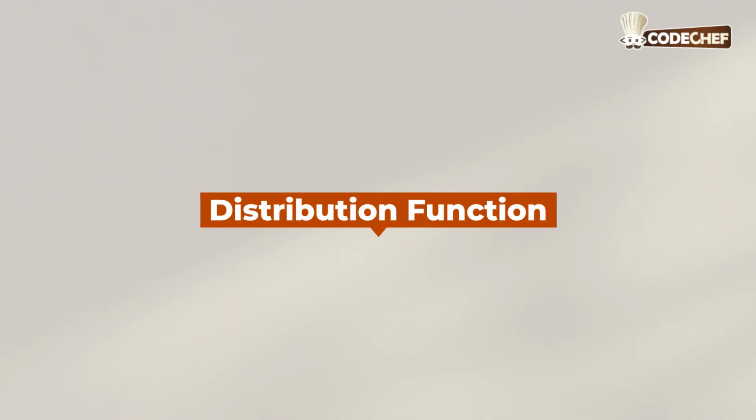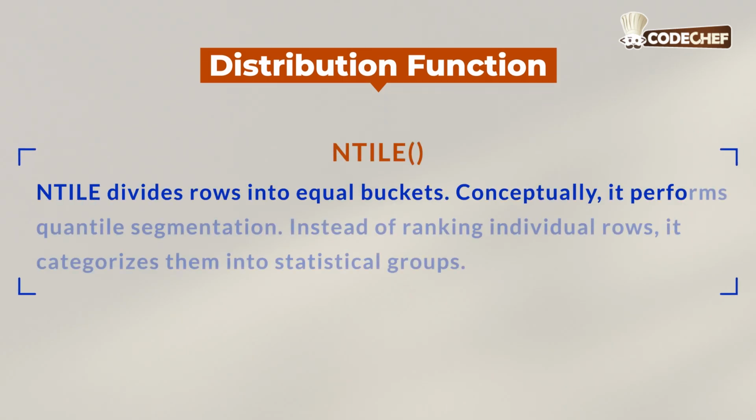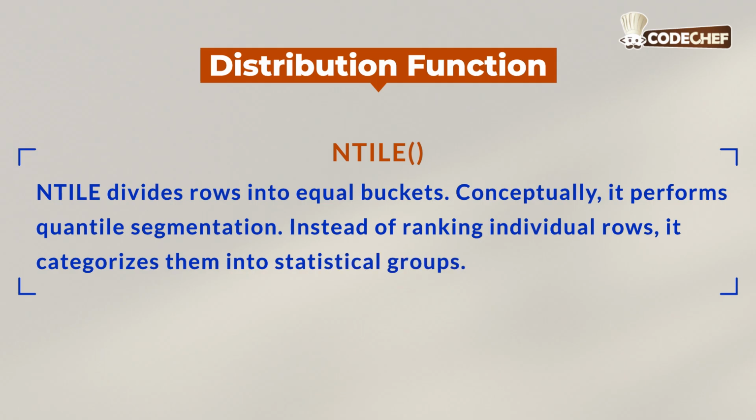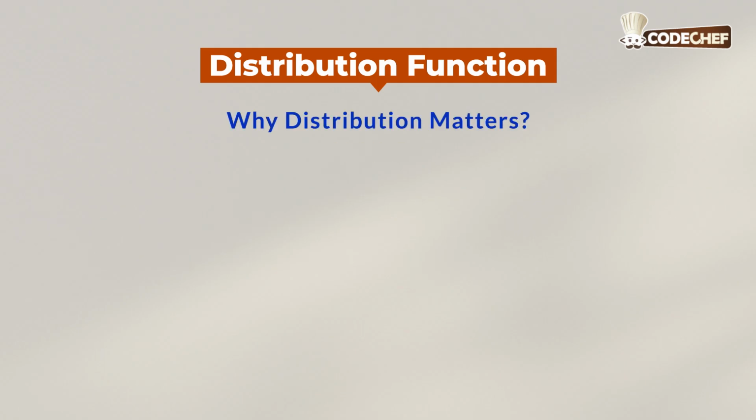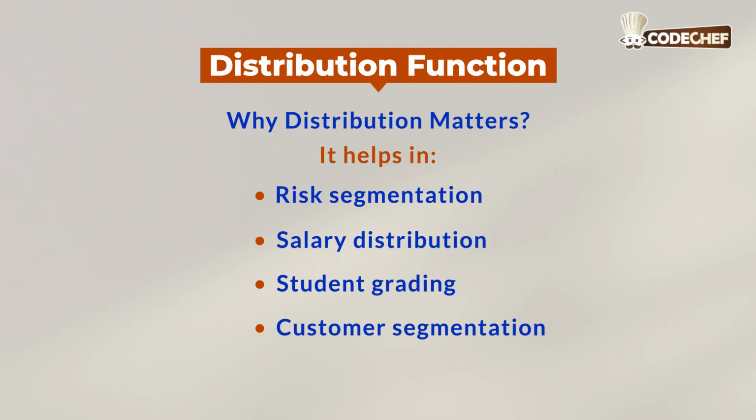Distribution function, NTILE function. It divides rows into equal buckets. Conceptually, it performs quantile segmentation. Instead of ranking individual rows, it categorizes them into statistical groups. Now, why does distribution matter? Because it helps in risk segmentation, salary distribution, student grading, and customer segmentation.